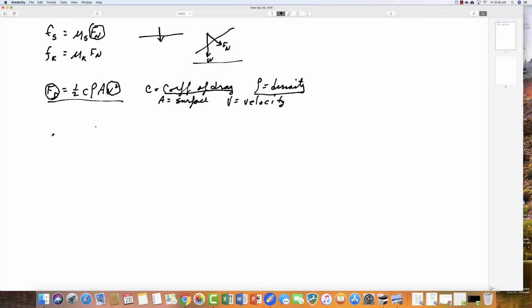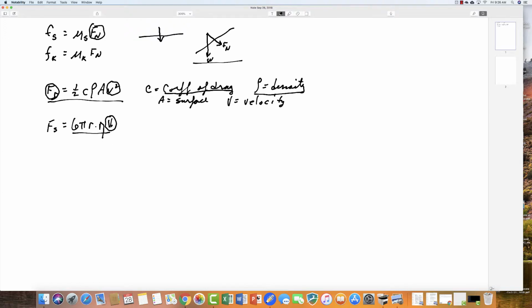Now, an alternative formula to drag for situations where you have an object that's very small is called Stokes' law. That's why this little s is here. And Stokes' law changes the force of drag by the following. The important part here is the velocity.